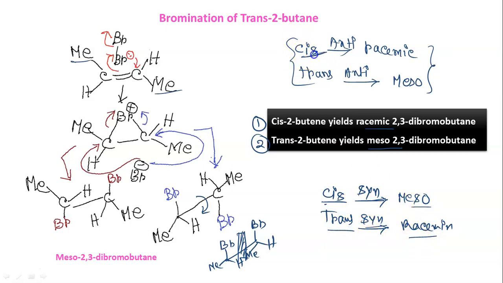Just like here, cis and the mechanism is anti, we are getting racemic. So it is just my suggestion that in this way you can remember it, because I do it in this way. Okay, so I am just crossing it because this is not the actual mechanism, this is the actual mechanism.